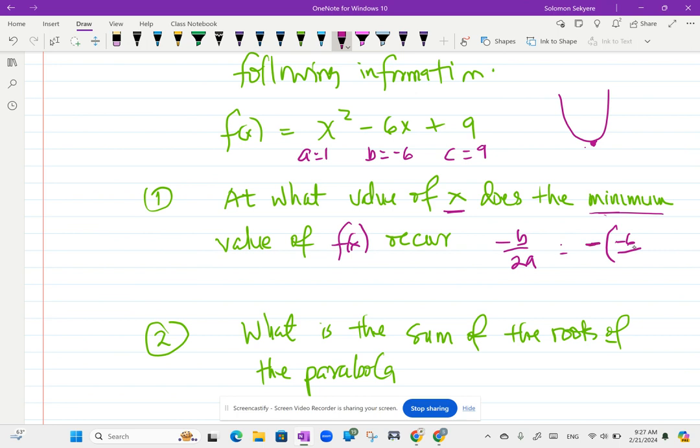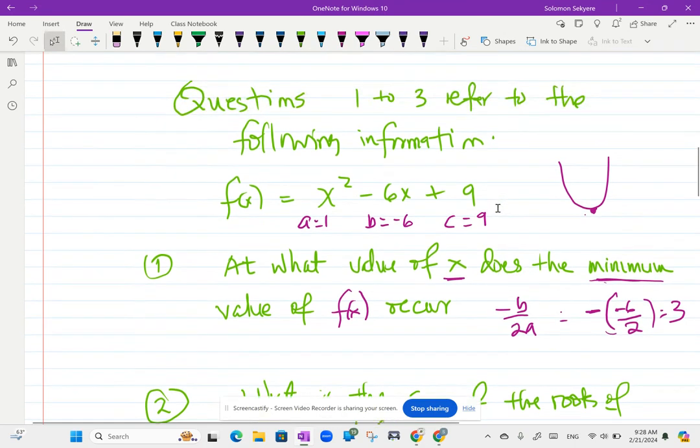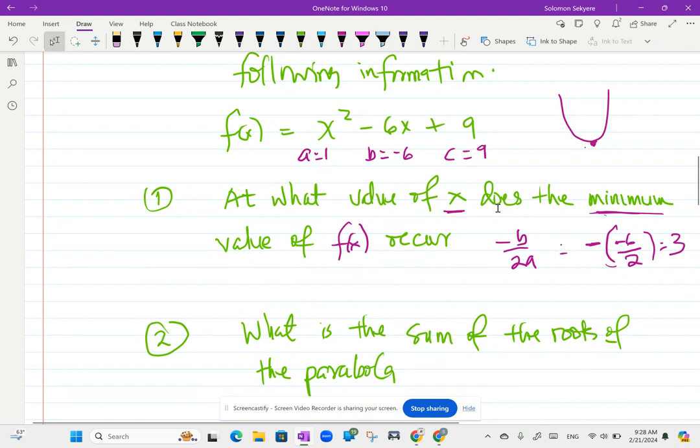It's the negative of negative 6 over 2, so negative of negative 3. Your answer is 3. So the x value at the vertex is 3. Quickly, you're done. If you know what you're doing, this takes just a couple of seconds, and you move on.